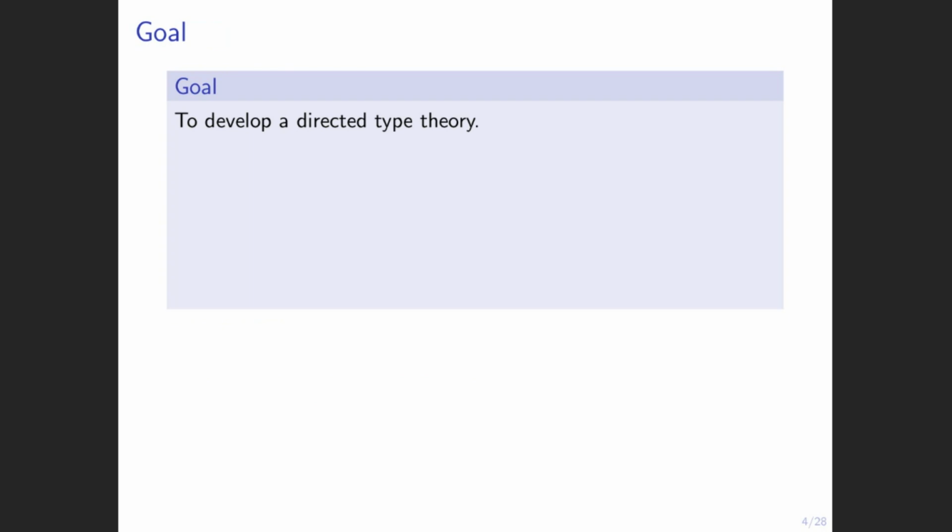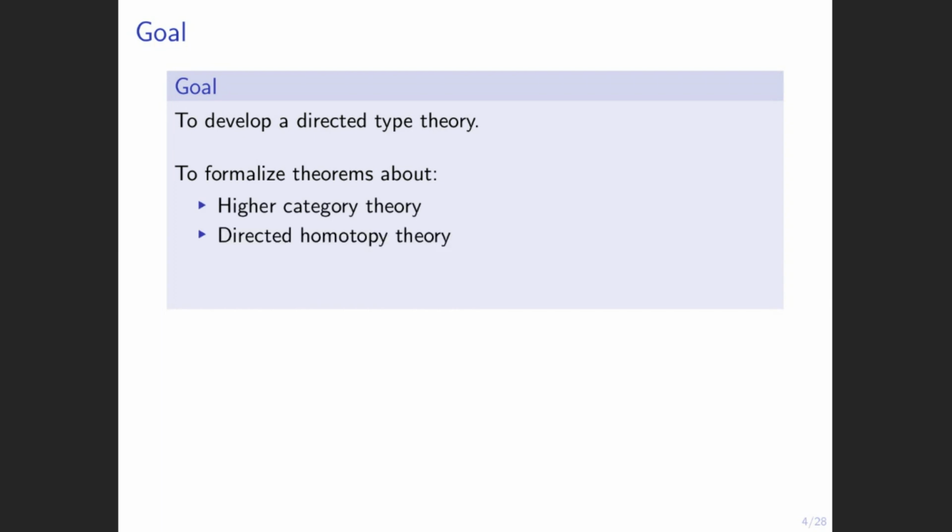Okay, so the goal, as the title suggests, is to develop a directed type theory or a directed homotopy type theory. And the idea is that the really long-term goal is to formalize theorems that we might have in higher category theory and also in directed homotopy theory.